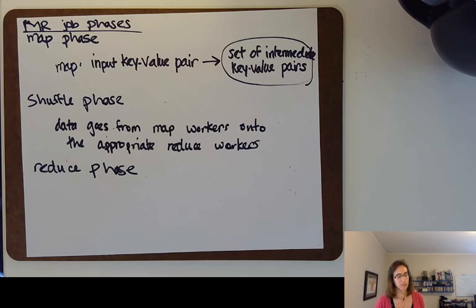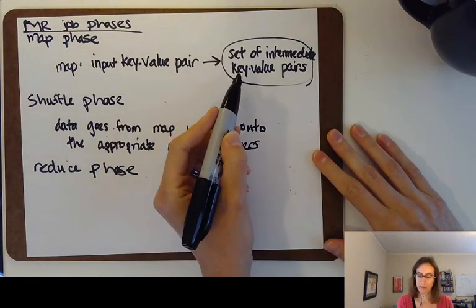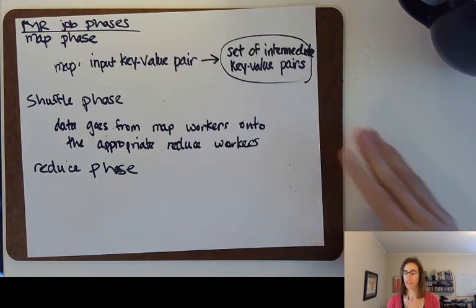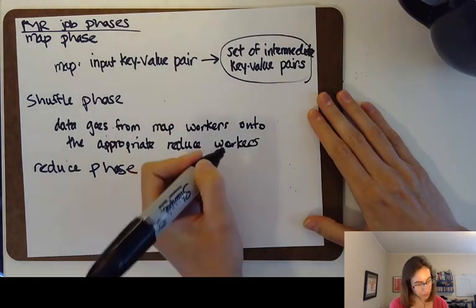Yeah, so it's going to get decided by what's called the partitioning function, which does something like hash of the key mod r, where r is the number of the reduce workers.